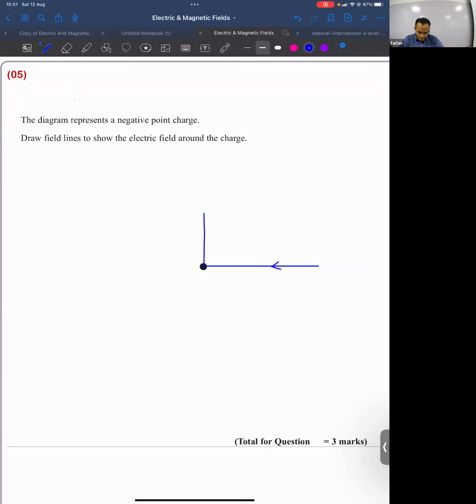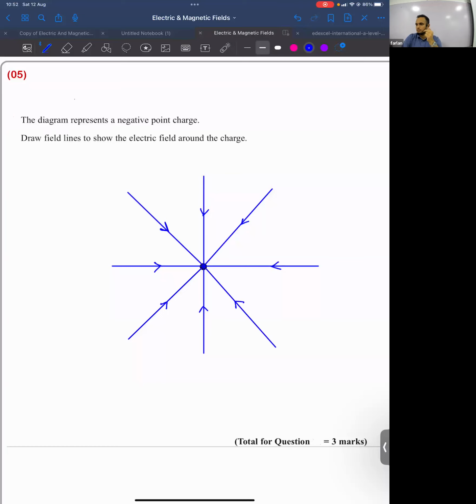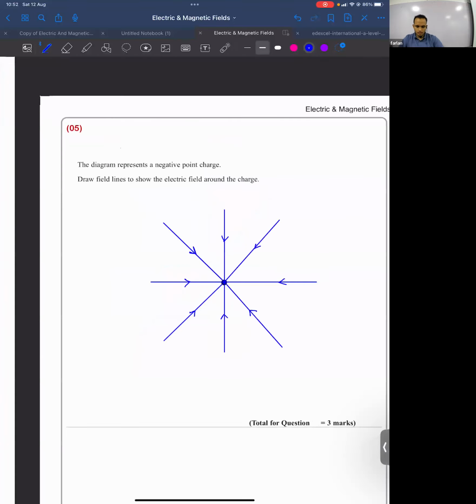So guys, the field lines will be towards the charge. Okay.